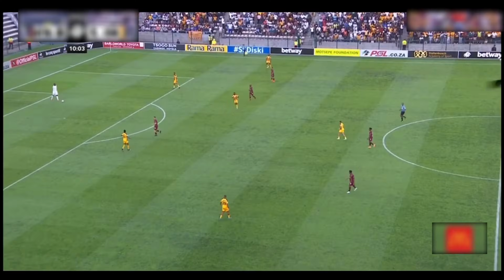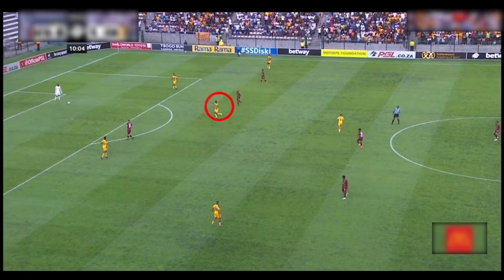Now, let's go back here, because then you will see over again that Ubvuma has an option to pass the ball to Oktele. Mind you, the system is still the same. It's just that the players who are executing the system are not doing what they're supposed to do. Oktele is there collecting the ball, but on top of that, you will see something. Do you see Mart?